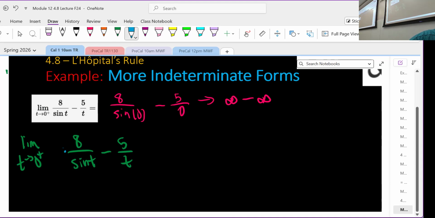So my first fraction doesn't have a t, and my second fraction doesn't have a sine t.